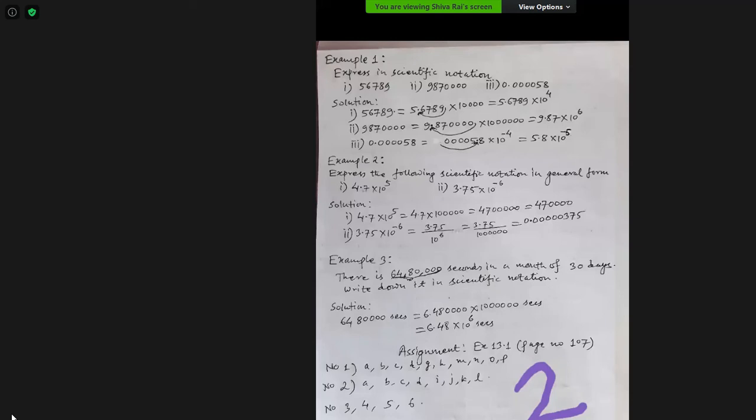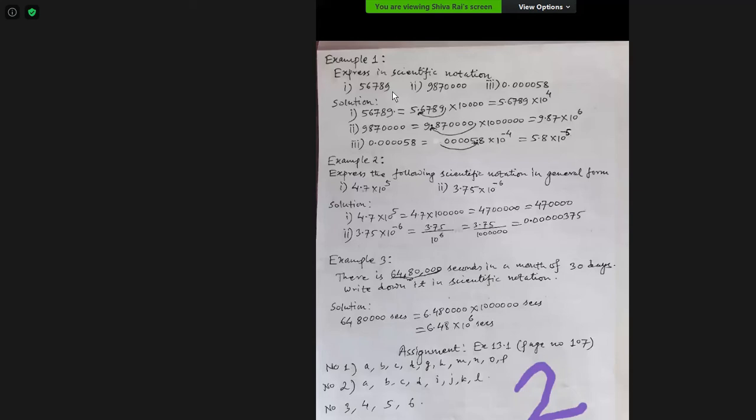Okay, look here. Number 1: 56789. We have to write this in the form of a into 10 to the power n. The value of a must be less than 10 and go down to 1. So how to shift the decimal? You can consider the decimal after 9.